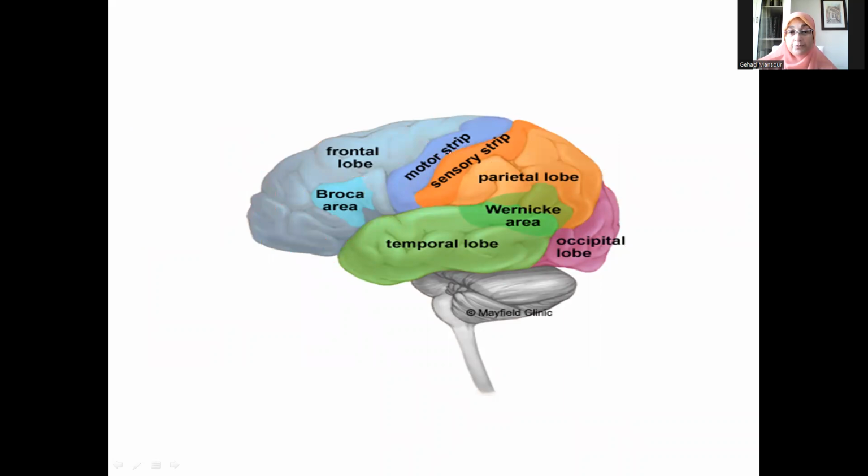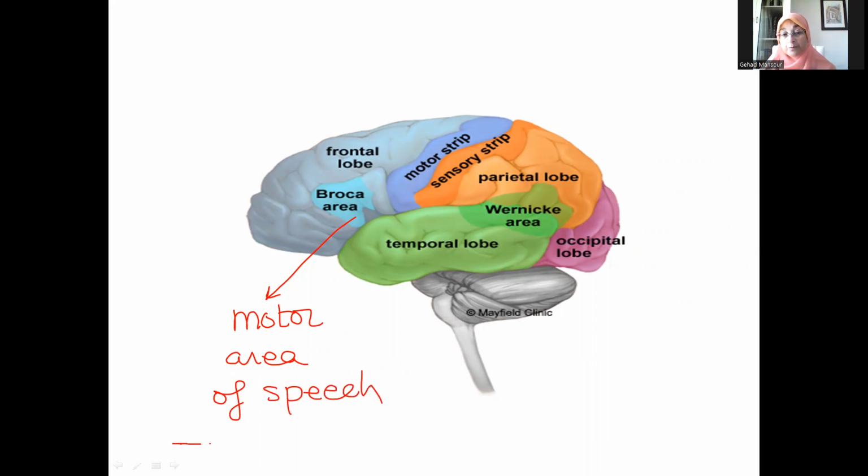As we said before, Broca's area is the motor area of speech that is responsible for coordination of the articulators, not for initiating the motor order. If it were responsible for initiation, then if Broca's area was injured, we would be totally paralyzed in this area.